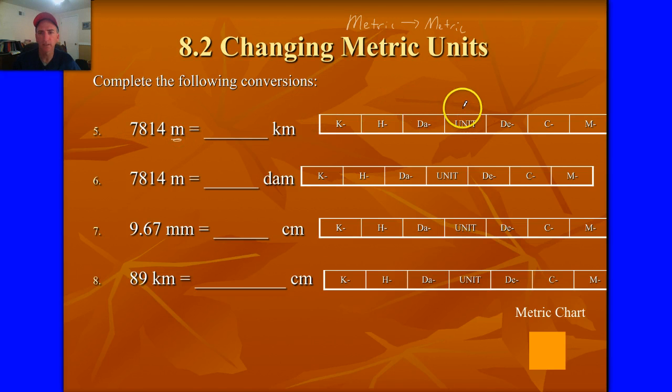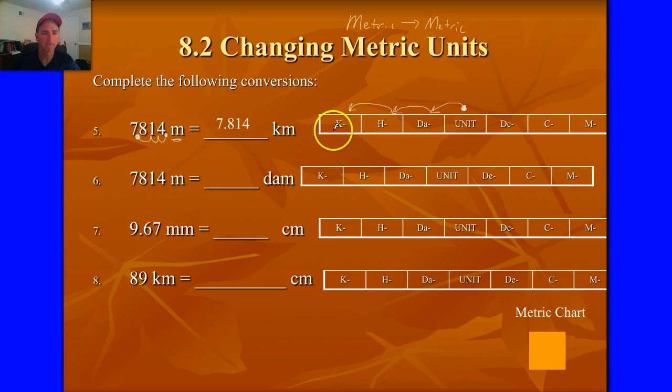I'm starting at the unit and going to kilometers, so I'm going to move the decimal this way: 1, 2, 3. We place it right there, and there it is, 7.814. Basically, you divided by 1,000.